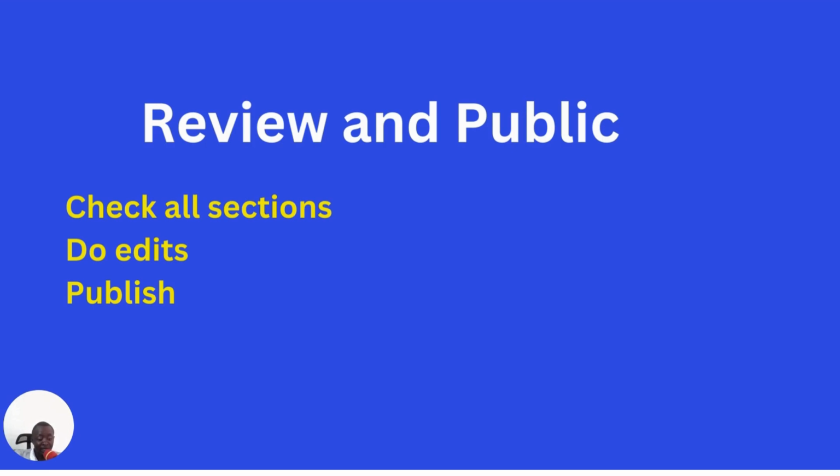It allows you to correct the mistakes. You are able to make the changes once you notice the mistakes, and you will be able to do edits. Then once you've edited and you are satisfied that the campaign has all the things in place, maybe you should have a checklist. If your checklist is everything ticked, it is then that you hit the publish button.